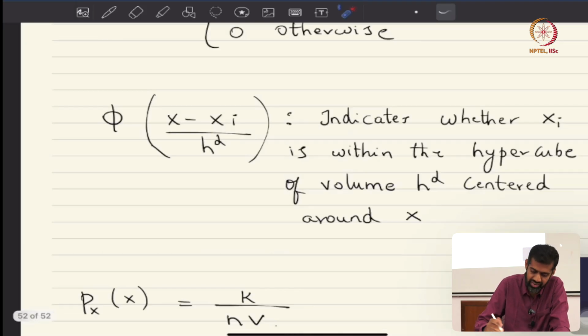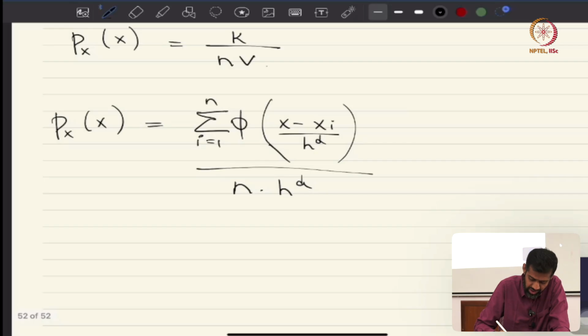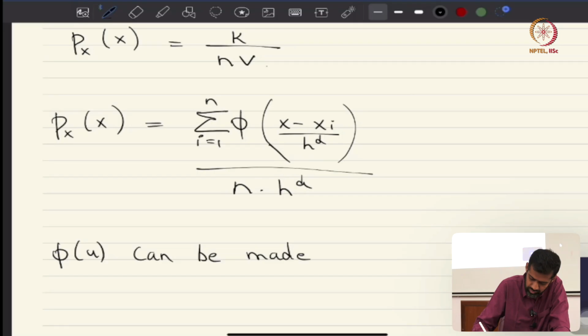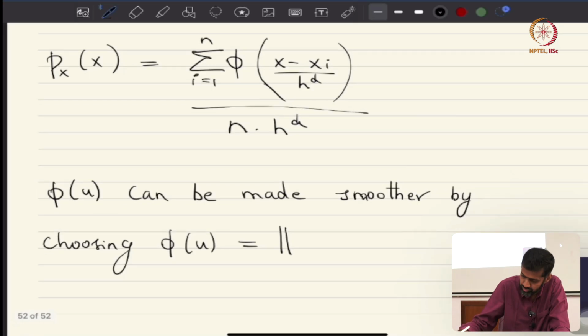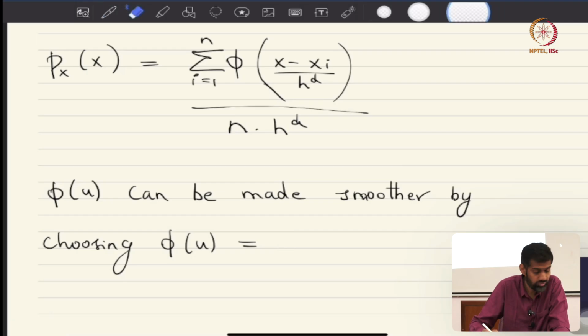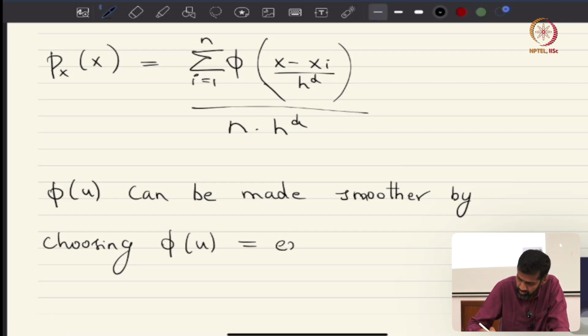What do I mean by this? So phi of u can be made smoother by choosing phi of u to be, so e power, u minus some u naught.